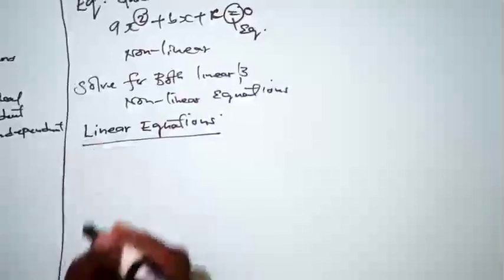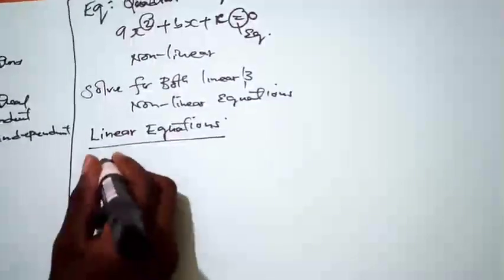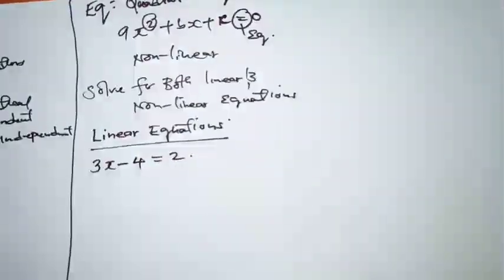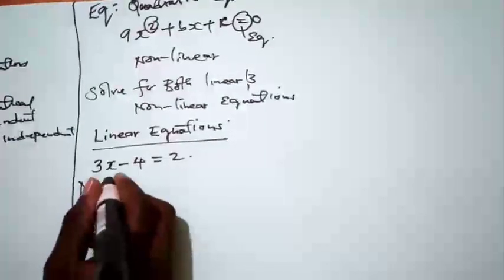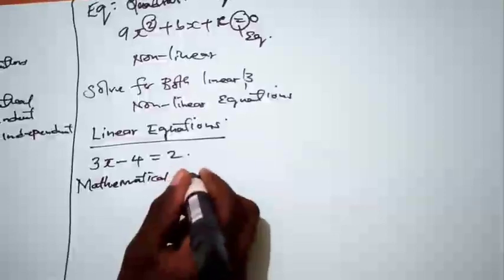And when you're talking about linear equations, we mean an equation like this one, 3x minus 4 equals 2. For such equations, what we need to understand is mathematical rules.